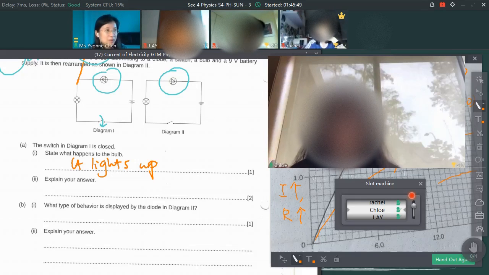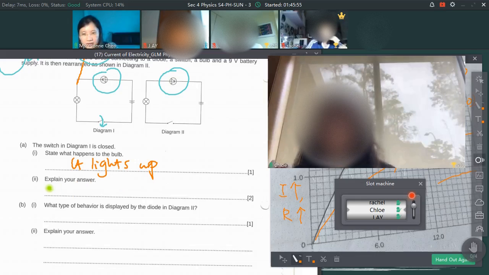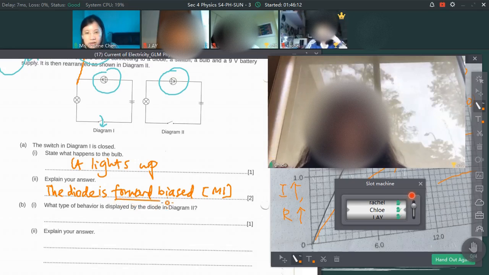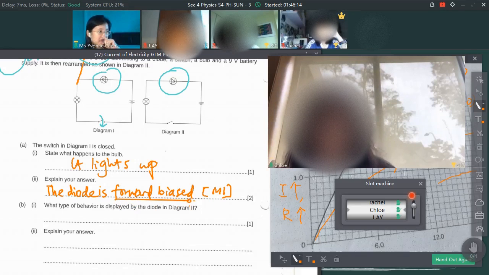So for question 9, you need to talk about the diode. The diode is forward biased. This actually will give you 1 credit. The keyword here is forward biased. Then you can talk about how it allows current to flow.